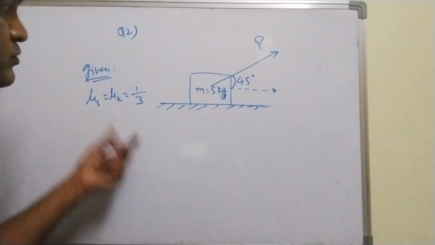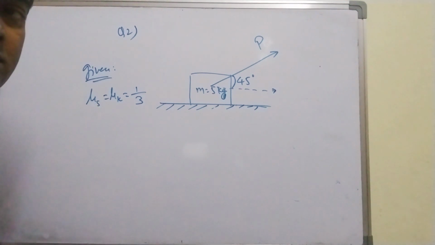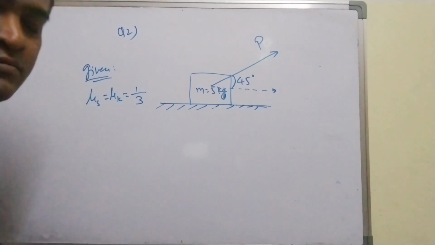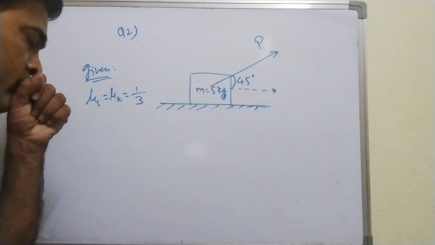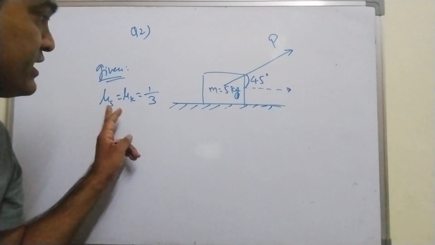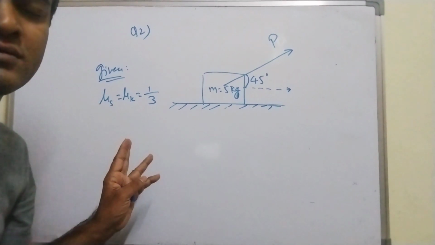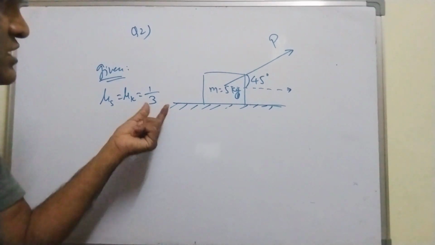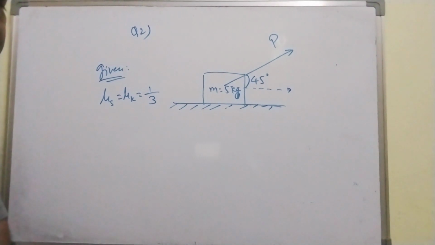Sometimes you may get problems like this also, where mu s is equal to mu k, because mu k is slightly less than mu s, but here I am considering these two as equal, which is equal to 1/3, right?